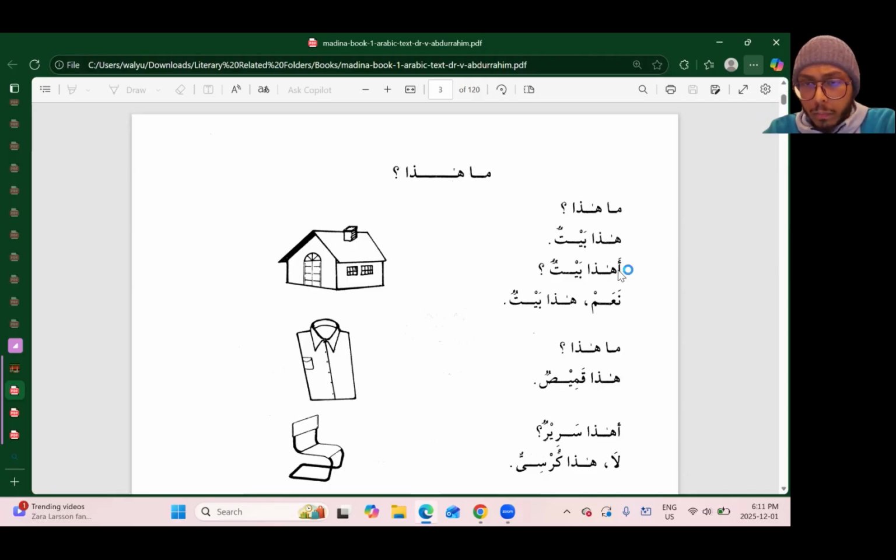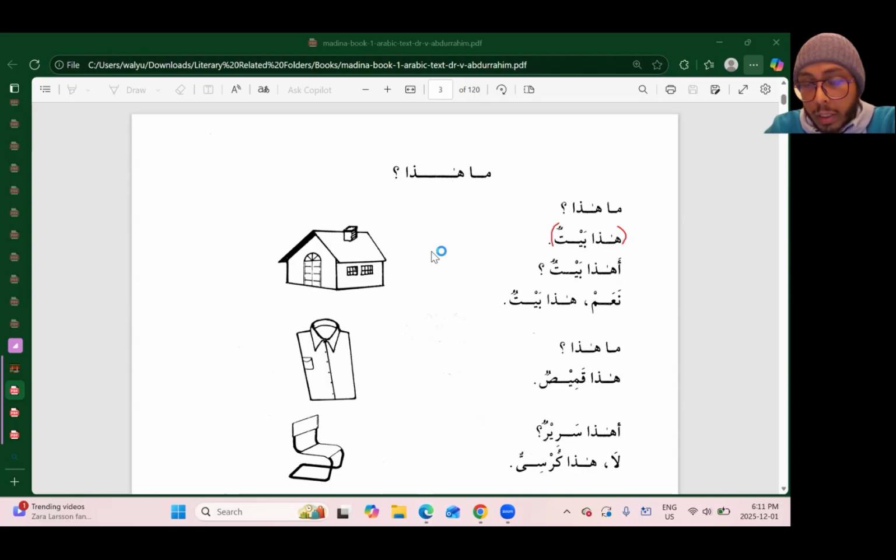Now you have another new word. Not a word, but a letter. Ahada baytun. Is this a house? Now compare these two sentences. Hada baytun. This is a house. Ahada baytun. Is this a house? What we've done is we've applied a mathematical formula.